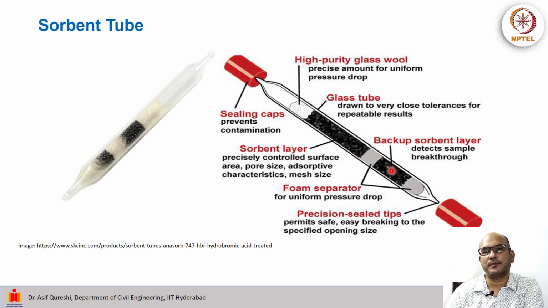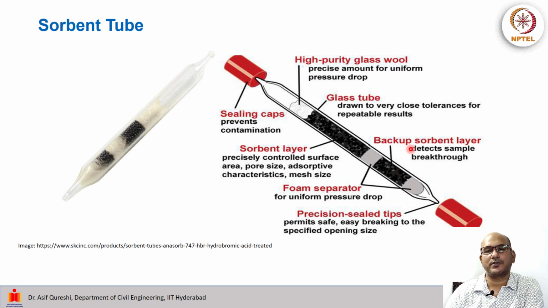The backup sorbent layer can detect any breakthrough, meaning if some VOC was not trapped and reaches here, our collection efficiency in the main sorbent layer is not 100%. If some has reached here, some may reach outside, and then we are not detecting the correct amount.